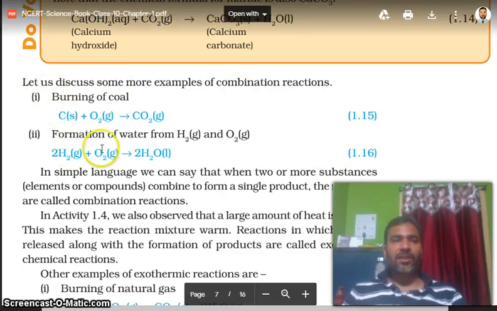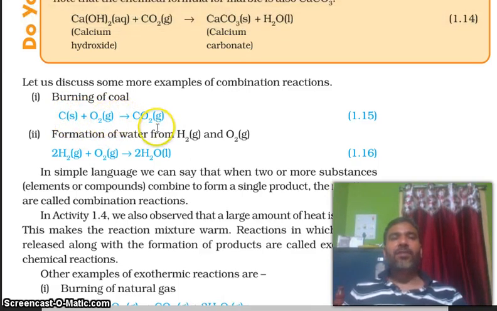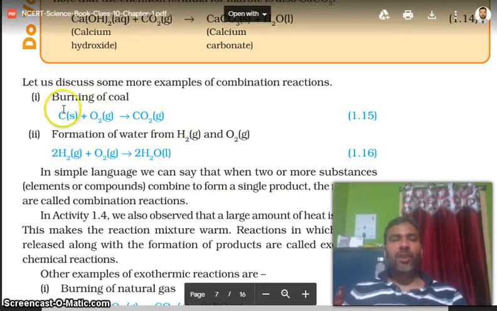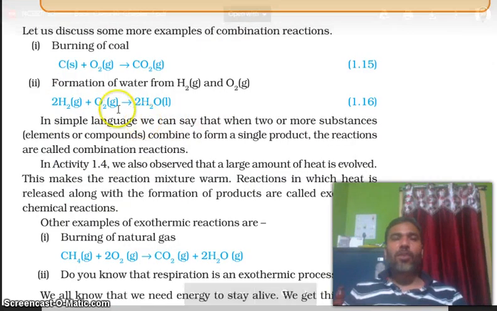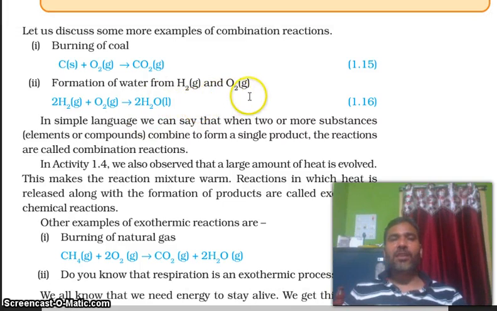Let us discuss. Here is the burning of coal. You know, this is the coal. You have seen the coal in solid form. It reacts with gaseous oxygen. It gives carbon dioxide gas. You see, these combine together forming carbon dioxide. And formation of water from H2 gas and O2 gas.